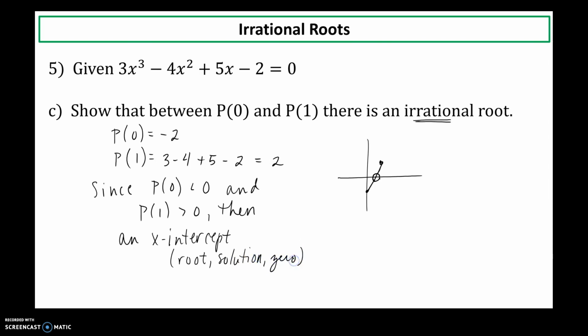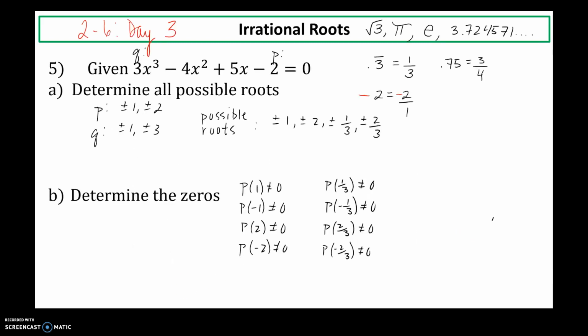All those terms are interchangeable. An x-intercept must occur between 0 and 1. It's just not a rational number, okay? So it can't be something that we find using that theorem, or rational root theorem.